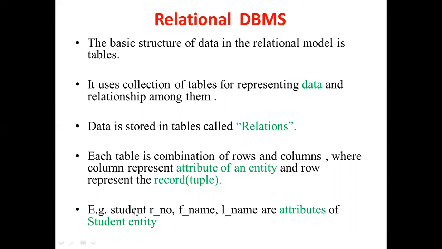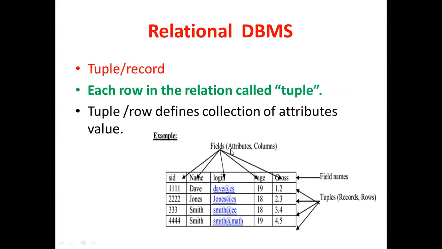So the roll number, first name, last name are the attributes of the student entity. A student is one person having some characteristics. So that person, that object, is called an entity, and its characteristics are called attributes. Another important thing over here is the tuple or the record.